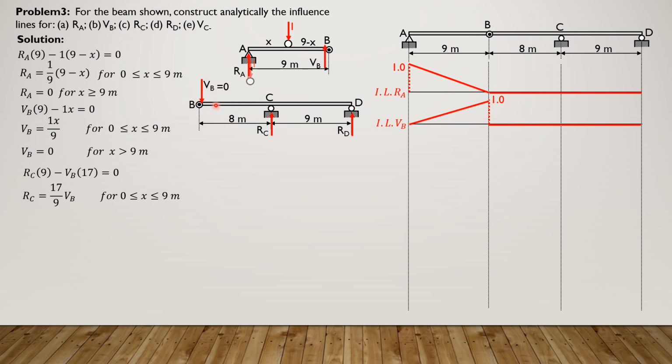However, the unit load enters. So that is 0, but there is now a unit load. Its distance from the left, from point A, is x. So this is x minus 9, and its distance from D is 26 minus x. So summation moment about C equals 0.